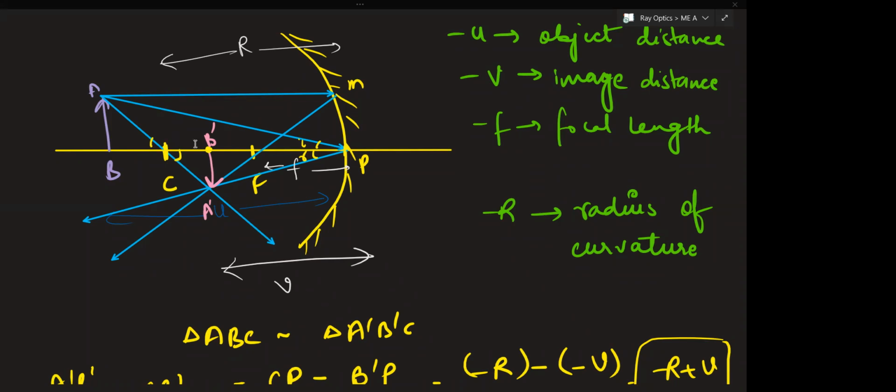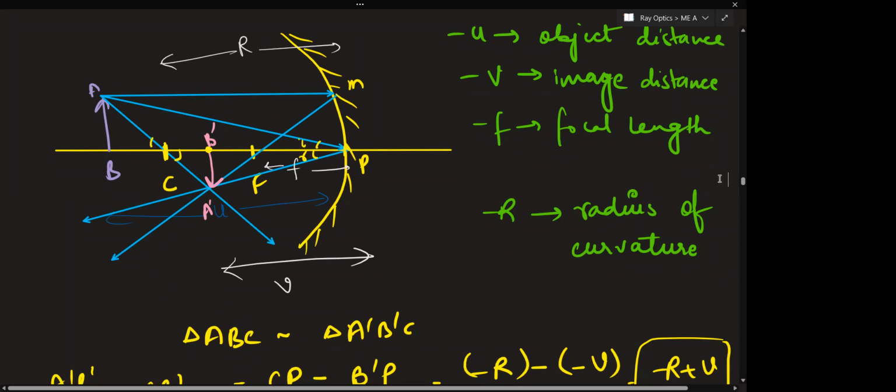Yes, Alan, right. Be it height of image, be it anything. Usually only the height of images is taken negative, because objects are always kept above the principal axis. So this term becomes negative.